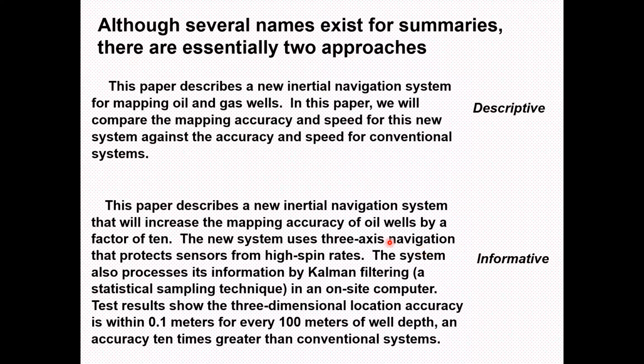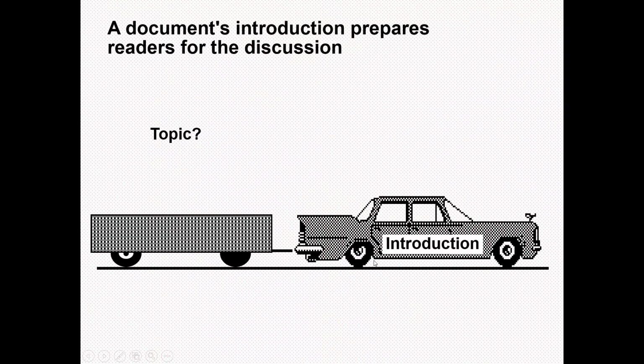The audience normally has the intention of getting information, and description is normally not helpful to focus the reader on the rest of the document. This is why, whenever you write a scientific document, your abstract or executive summary should be informative, so that it attracts the audience.